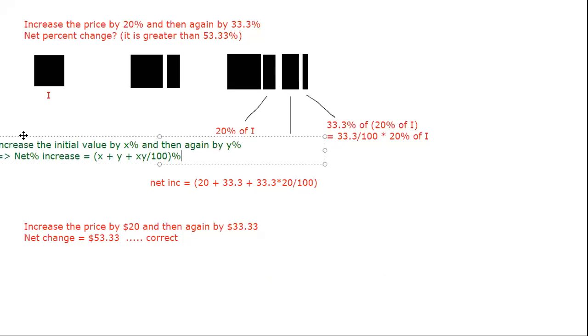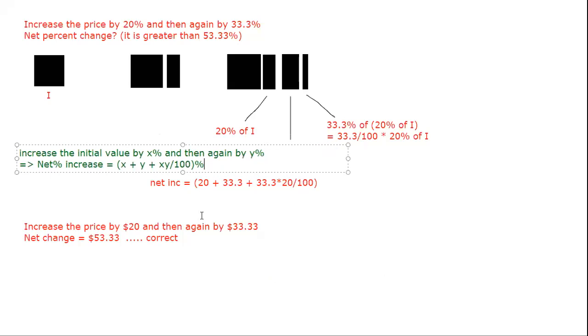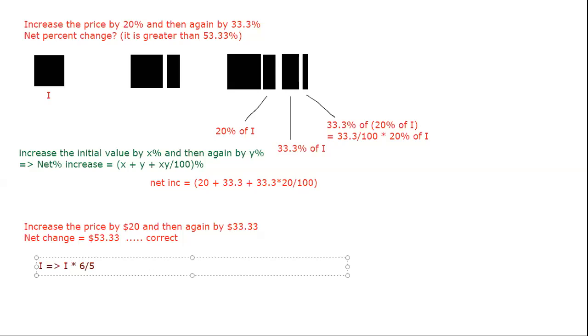Over here, would you prefer doing this, or would you prefer doing something else like what I'm showing now? So what I'm showing here is, first you have increased by 20%. So first step you had I, next step you became 6/5 of I, right? Why 6/5? 1/5 increase means 1 plus 1/5.